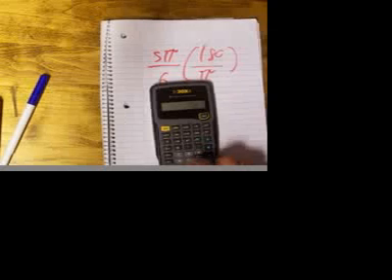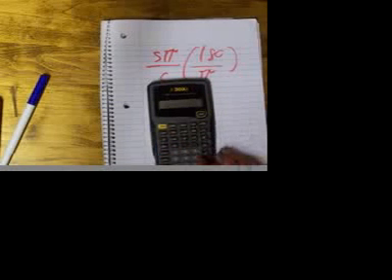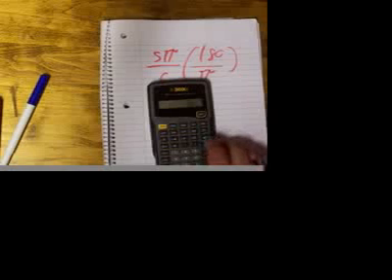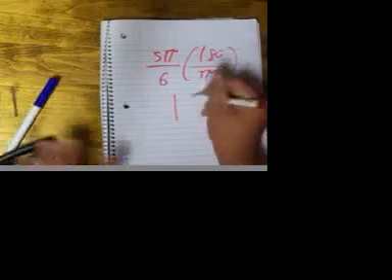So we're just going to go back to the trusty old calculator here. We're going to go 5 times pi divided by 6 times 180, divided by pi, which equals 150 degrees. See, it's not that hard, not that scary.